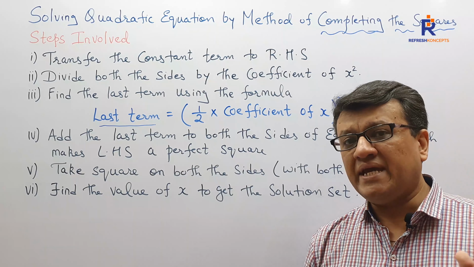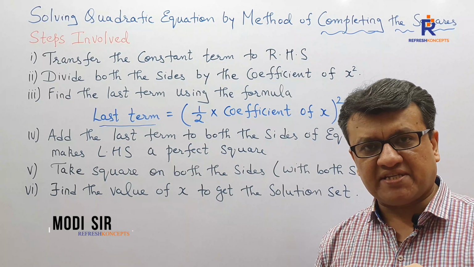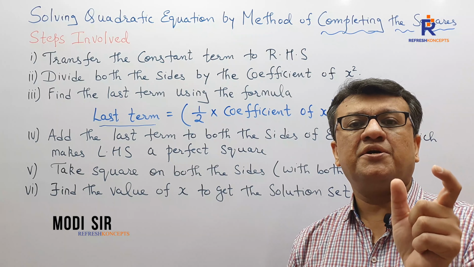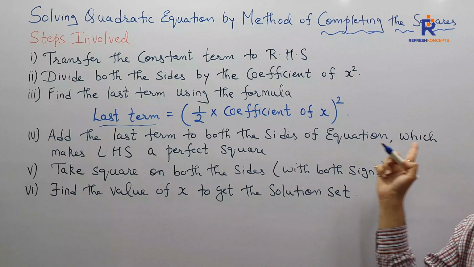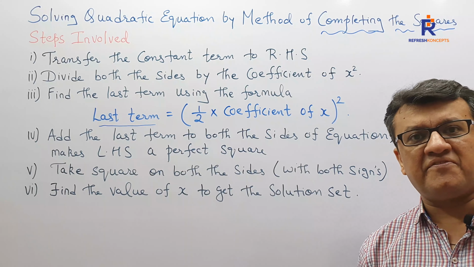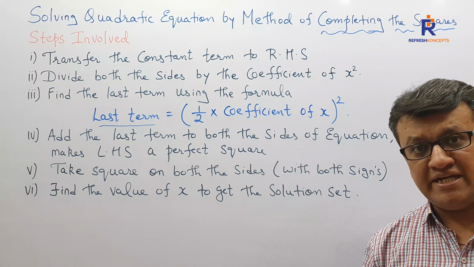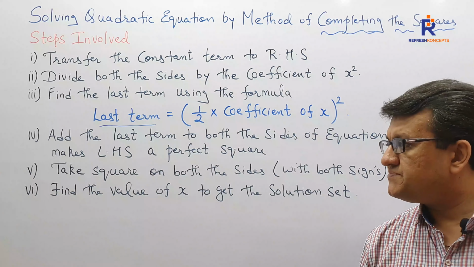The moment we add the last term on both sides, it will make LHS a perfect square. LHS has to be a perfect square after adding the last term. Mind you, it has to be. We are going to see everything in detail in sums.